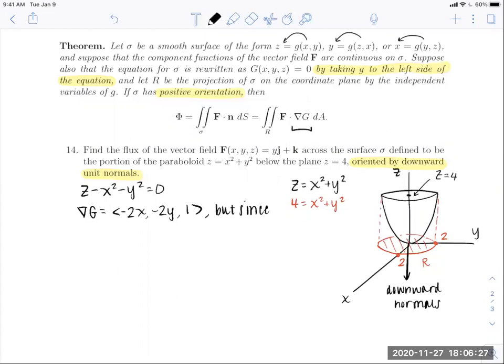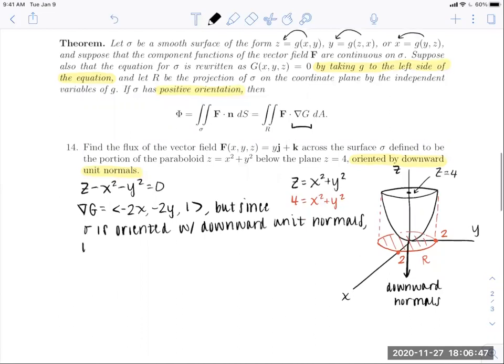Since sigma is oriented with downward unit normals, we'll use n to be negative gradient g, which is 2x, 2y, and negative 1.